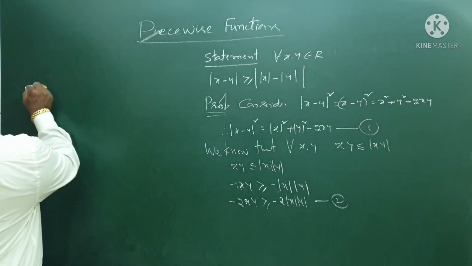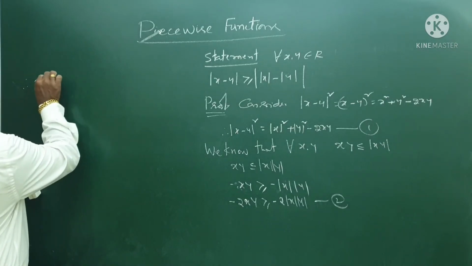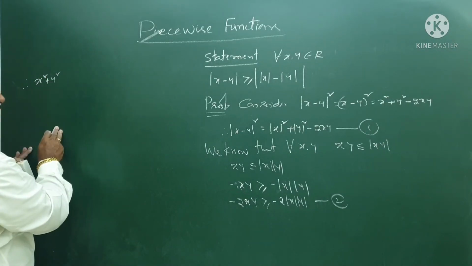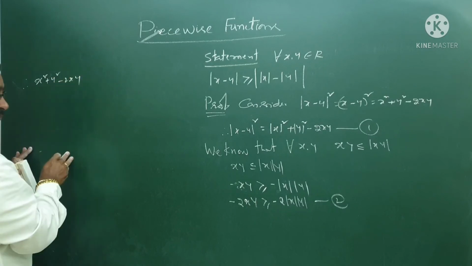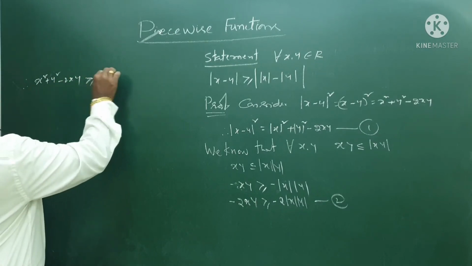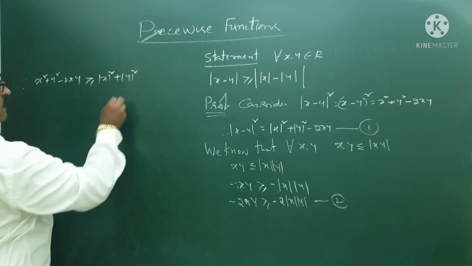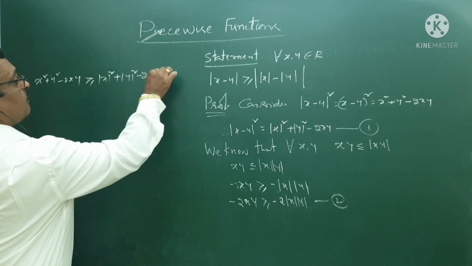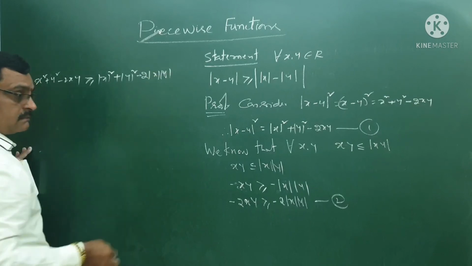Therefore we have x square plus y square minus 2xy is more than or equal to mod x square plus mod y square minus 2 times mod x into mod y.